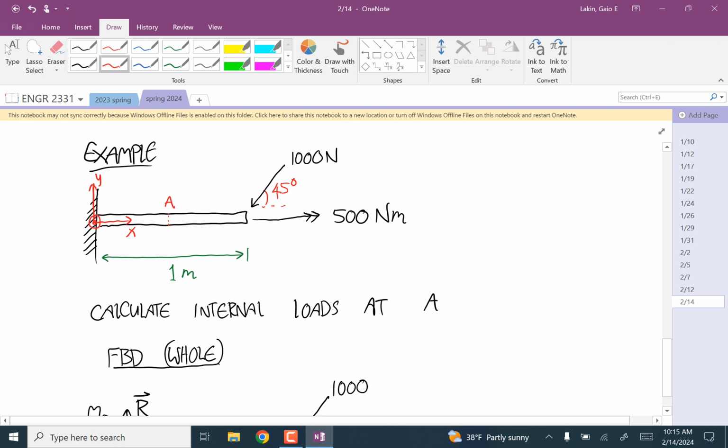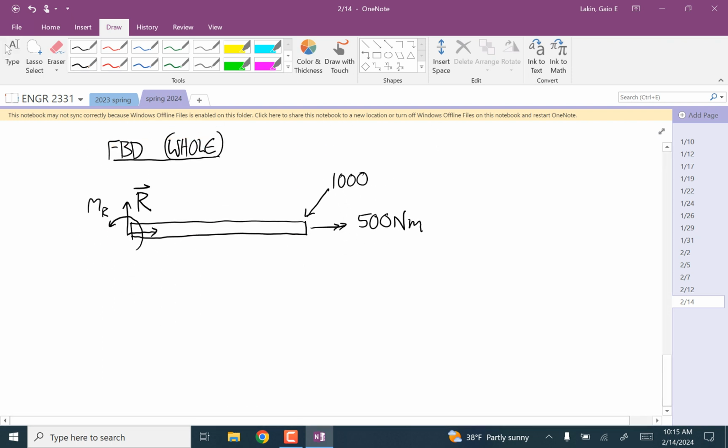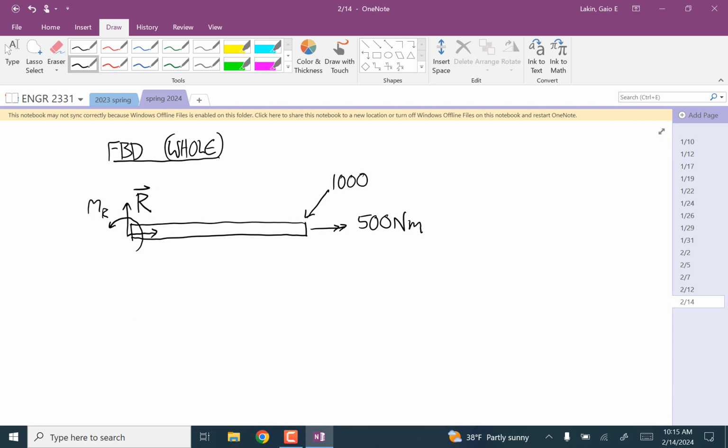That means Z is coming out towards us. Okay, so this moment that I drew here, what axis is that around? Z. Z, yep.